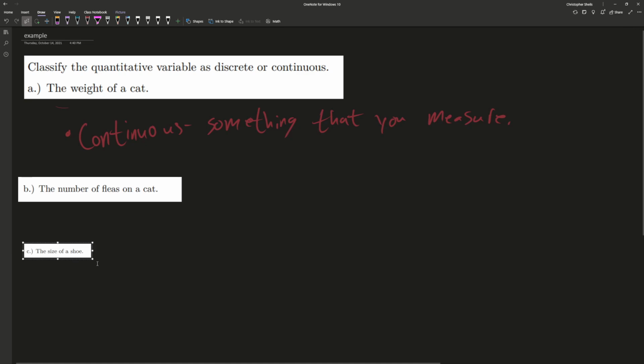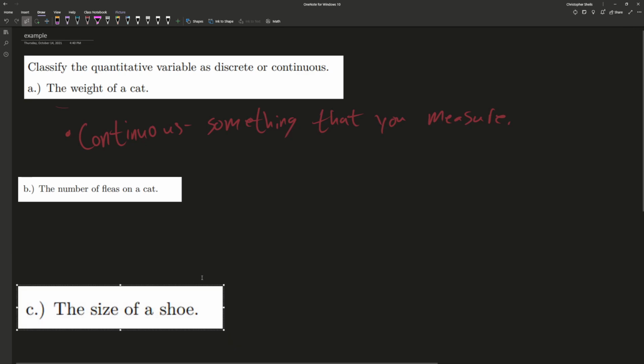The number of fleas on a cat is discrete because this is something that you count.